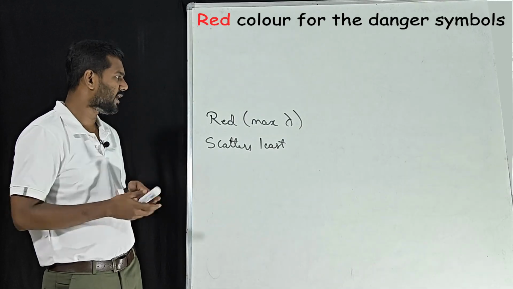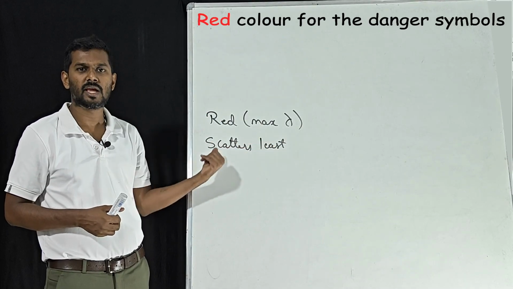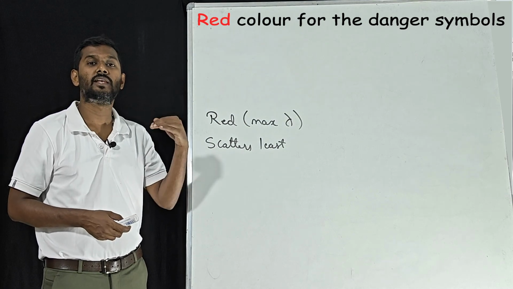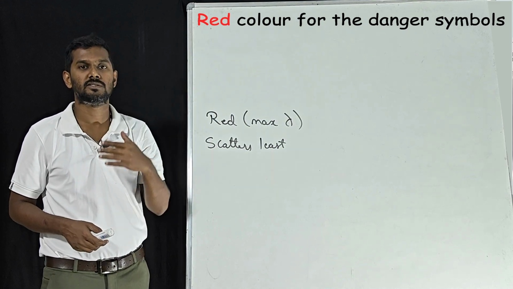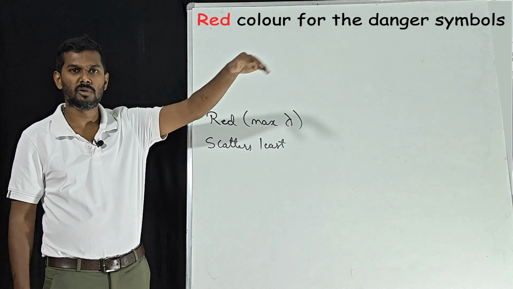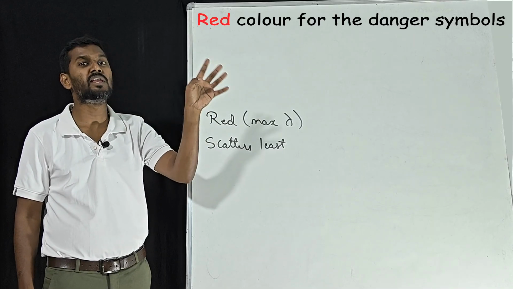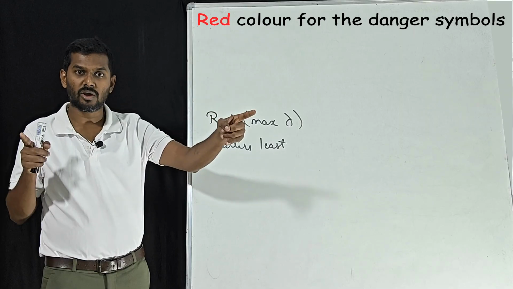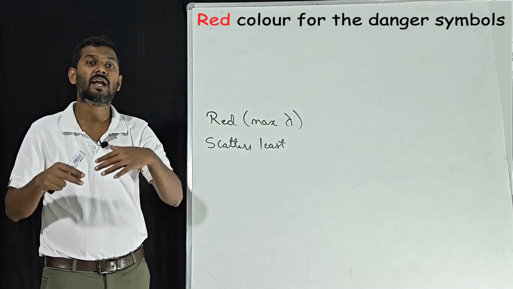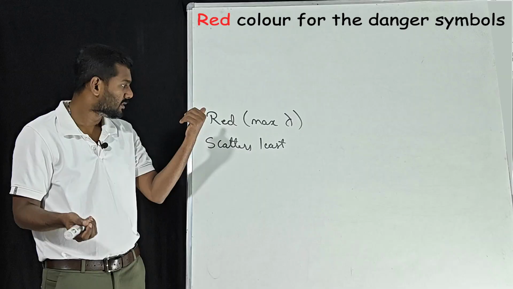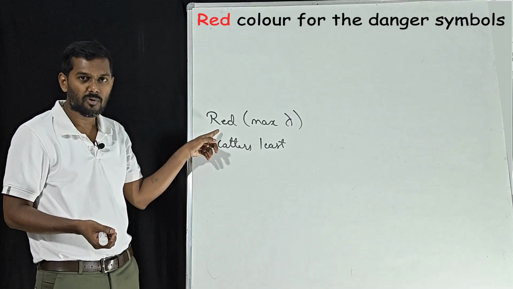We know red has maximum wavelength, so it scatters least, so that it can move a longer distance. If the danger symbol is seen from a long distance and is made of any other color, it scatters most and we cannot see it properly. That's why we are using red. Why red?